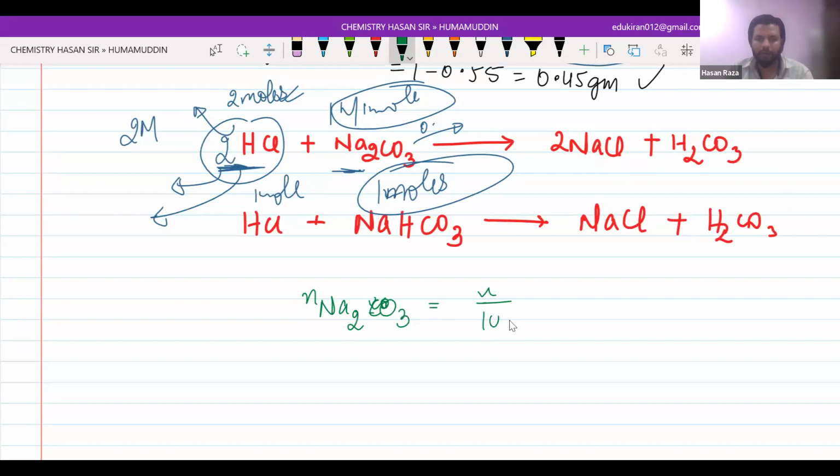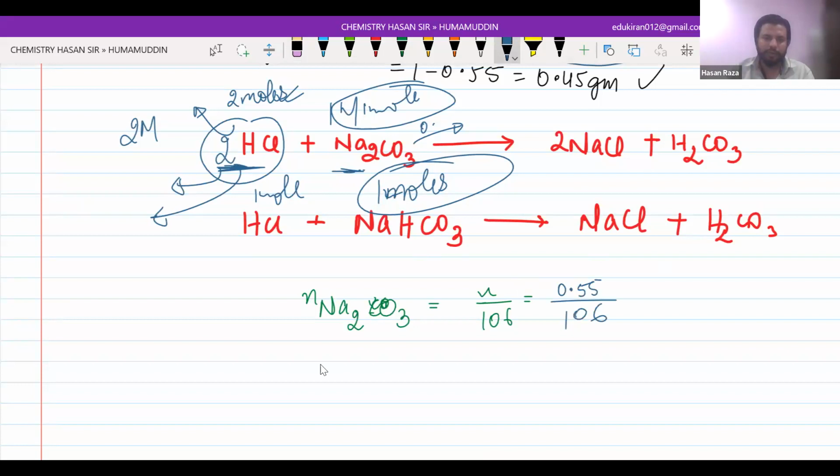I wrote it. So what was the value of X? 0.55. My pen tab is not working smoothly. Now pay attention. So this will be 0.55 upon 106. This is the number of moles of Na2CO3.